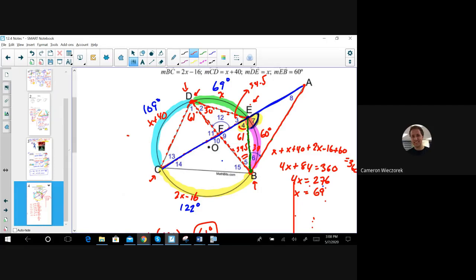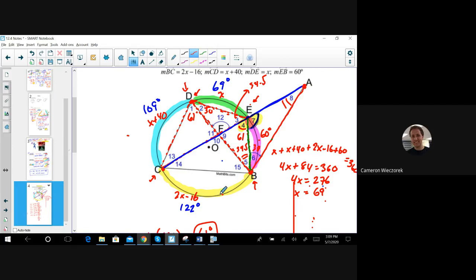All right, angle 8. Way out here, I notice the vertex is outside the circle. So I'm going to use my new rule for today. My outer arc, if I trace out the red one, ends at B. And if I trace out the blue one, it ends at C. So my outer arc is going to be BC, and my inner arc is going to be EB. I'm looking at the yellow one and the pink one. What do I do to get that outside angle?